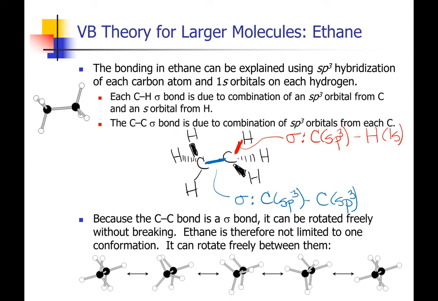And the notation that you're seeing me use, listing the type of bond and then the orbitals used to make it, is a nice clear way to describe a bond in cases where you're not actually asked to draw it. And you'll see it in the answers to all the problem sets. And of course, all 6 of these carbon-hydrogen bonds can be described in the same way.